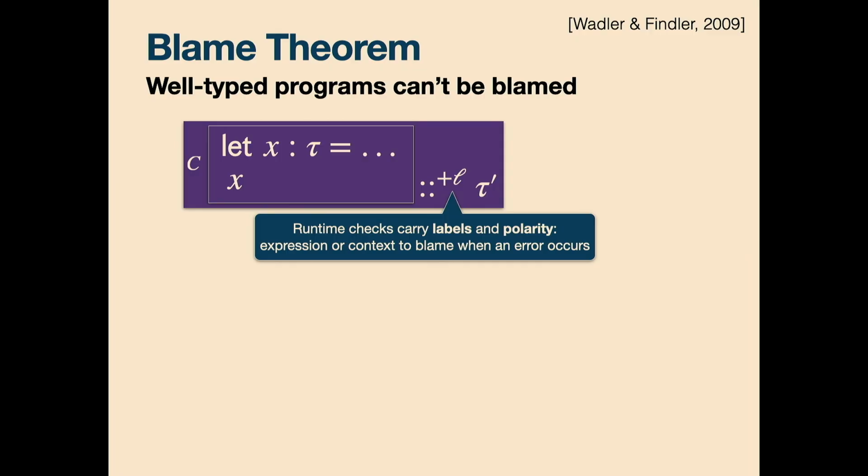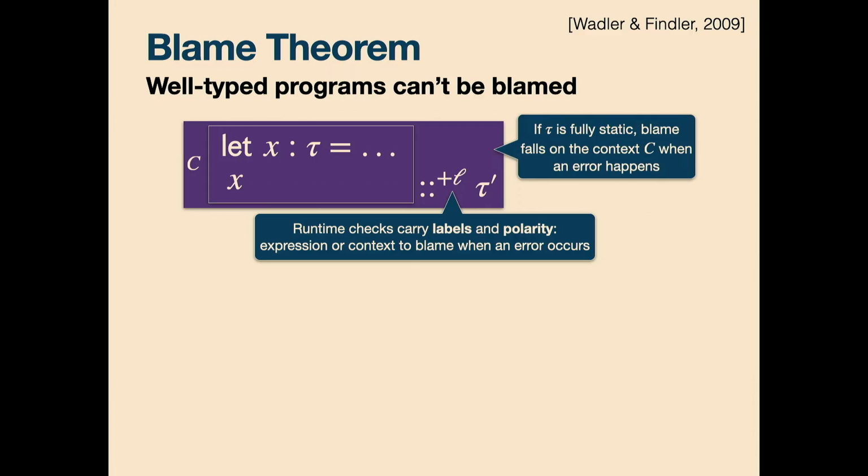To do that, you have runtime checks that carry labels that indicate the location of the cast, and they also have a polarity to know who to blame. In particular, there is a corollary that says if you have a fully static type, then blame has to blame the context, right? In this case, it would be the blame of the context.